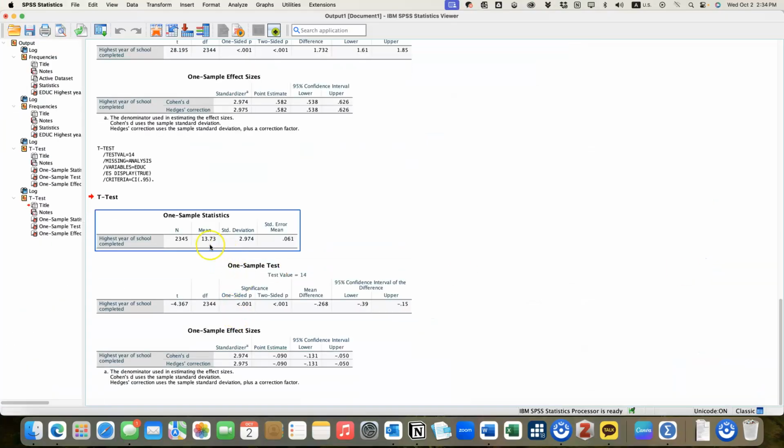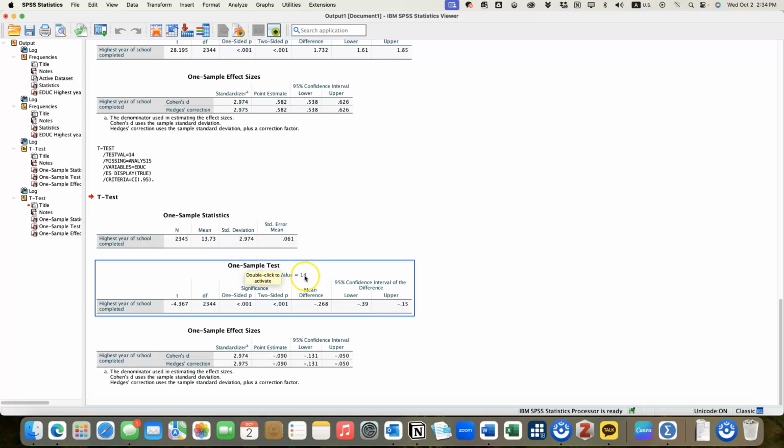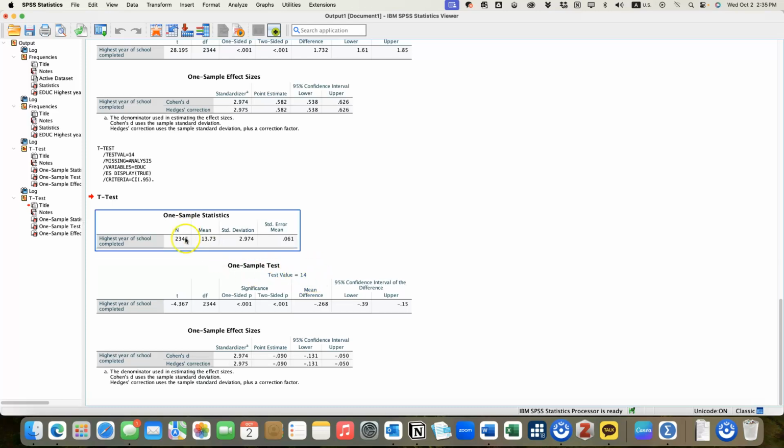The sample mean is the same because we didn't change the variable or the data, and we put 14 as the population mean. The two-sided p-value is smaller than 0.001, so it's below 0.05. So we reject the null and there is a statistically significant difference between the population mean here and the sample mean.